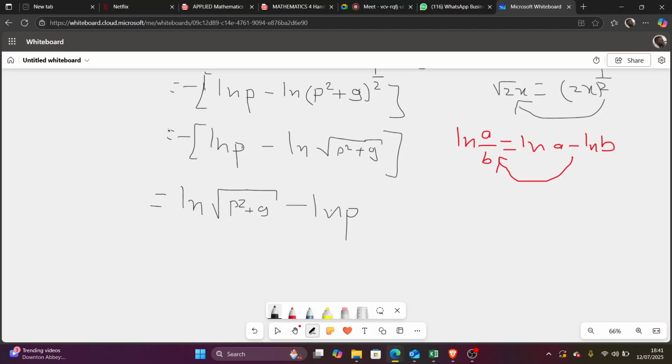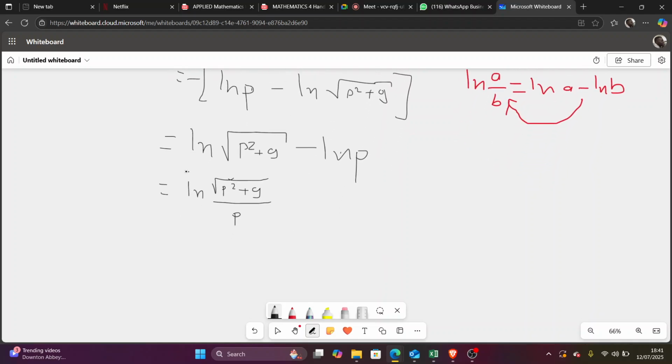This is when you put the minus inside. It's not wrong what we did. And from here, we use the identity. That's the reason why they got ln of p square plus 9 everything over p.